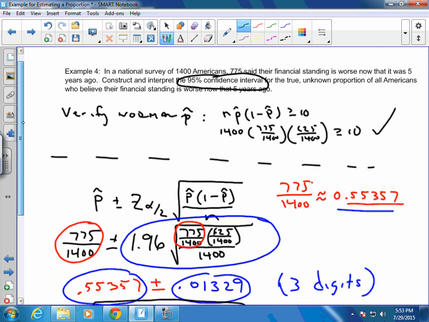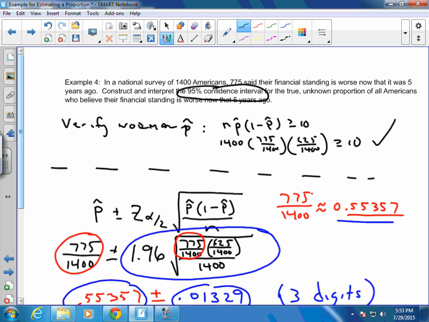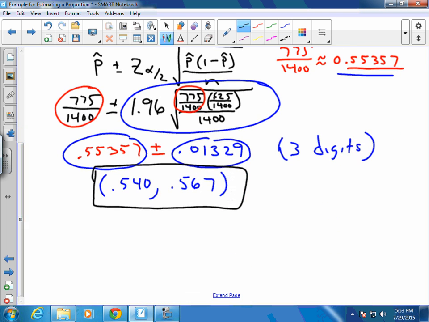One of the things that we can't afford to do is fail to interpret. Most of the time when we're asked to do a confidence interval, it's going to come with an interpretation as well. So this was supposed to be estimating the percentage of Americans who think their financial standing is worse now than 5 years ago. It was done at the 95% confidence level.